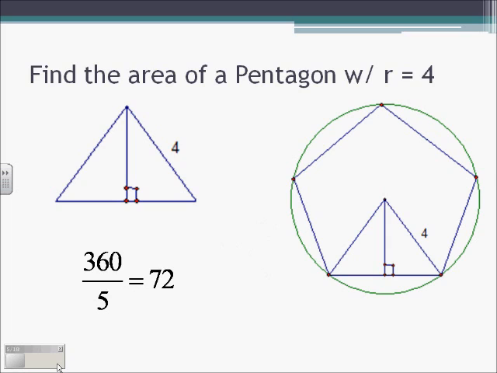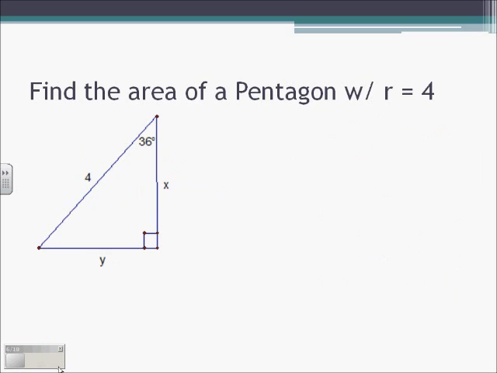And we can find the interior angle of each one of those triangles by taking 360 and dividing by 5 to get 72. So then we know our angle that we're going to use with our right triangle is going to be half of that, so it's going to be 36. We'll use that information here.